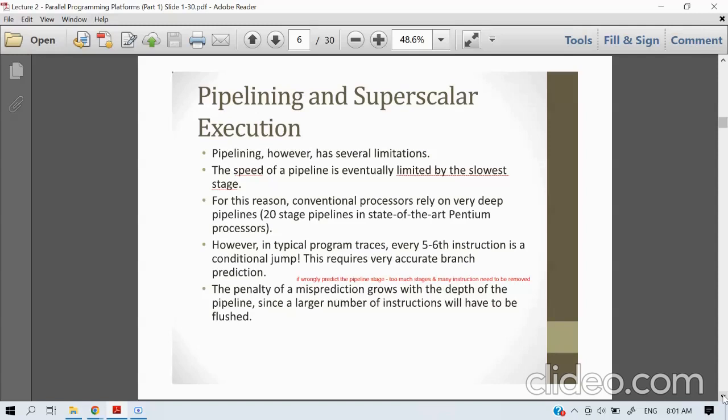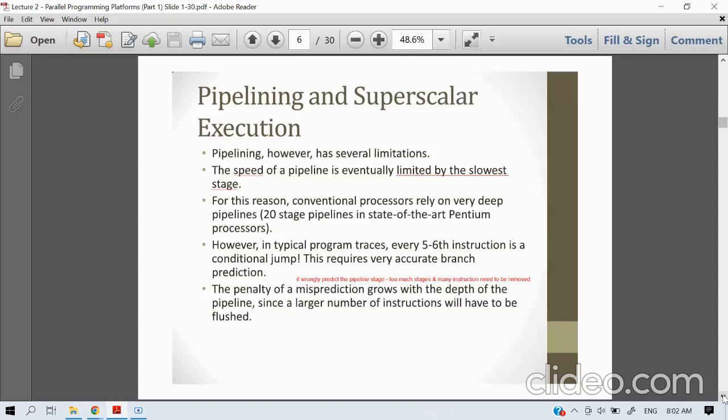For this reason, conventional processors rely on very deep pipelines to overcome the limitation of the slower stage in pipeline execution. So the manufacturers overcome it by promoting the concept of very deep pipelines, which offer many stages of pipelines.